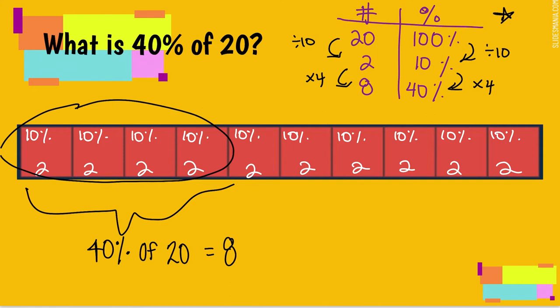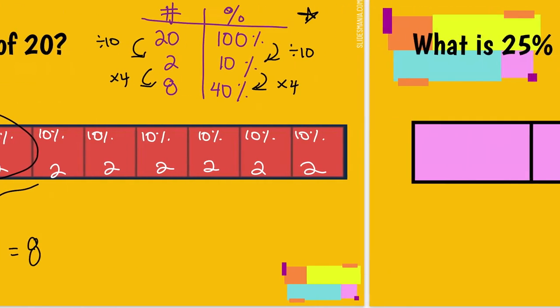And if I knew that 10% of 20 was 2, then I can find what 40% of 20 is. 40% of 20 is 8. Notice our thinking that's displayed on the strip diagram is the same thinking that's in the ratio table that we've been working with when we've done rates and ratios and then conversions with unit fractions, unit ratios.